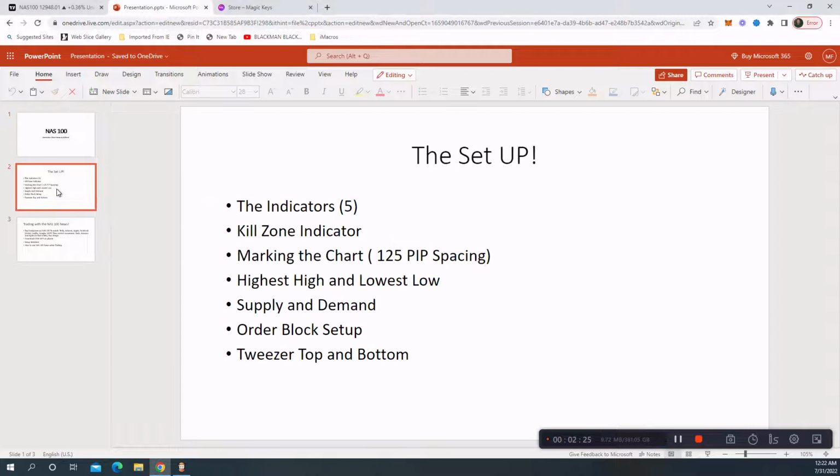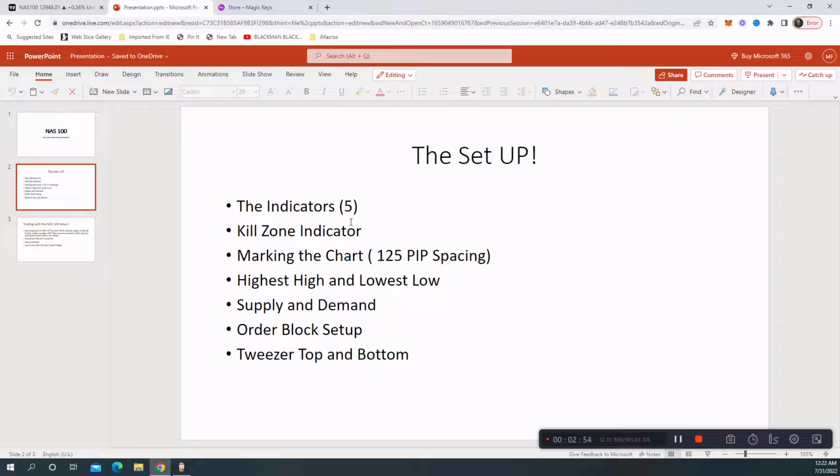We're going to show you how we set up these indicators, the chart itself, some highs and lows, and some other strategies. We combine all of this, which may sound confusing right now, but it definitely is not, because once you set your chart up, a lot of it is just monitoring and critiquing it here and there to keep up with the market.